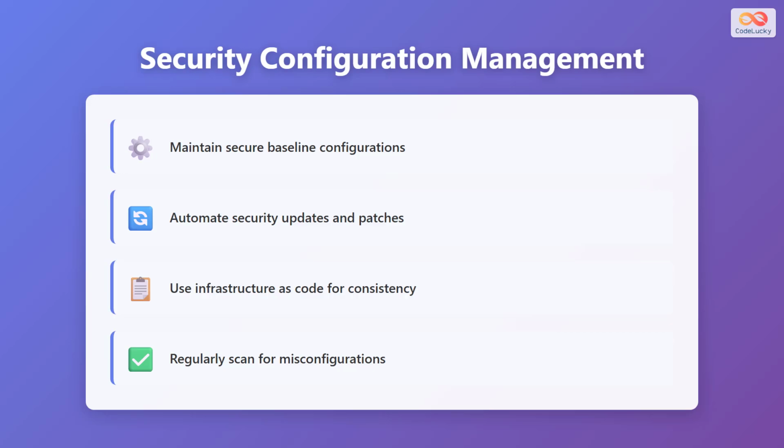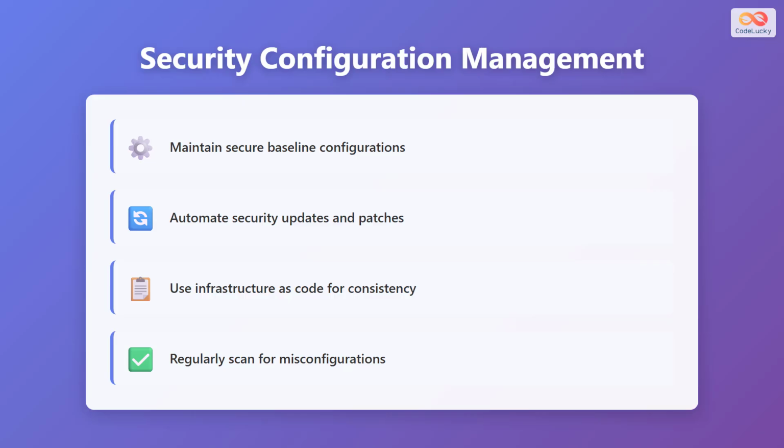Security configuration management ensures your cloud resources remain secure and consistent over time. Maintain secure baseline configurations that define the standard security settings for all your resources, preventing security gaps caused by misconfigurations. Automate security updates and patches to quickly address vulnerabilities without manual intervention, reducing the window of exposure to known threats.